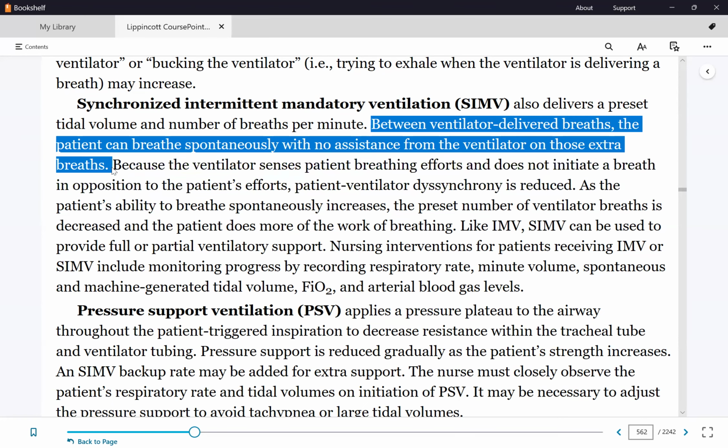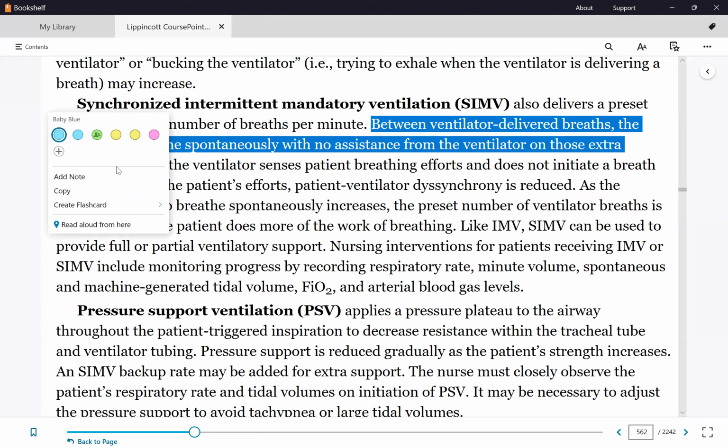That means, will the vent give the preset tidal volume for those? No, read again. Between ventilator breaths, the patient can breathe spontaneously with no assistance from the vent on those extra breaths. They won't get the preset tidal volume. The patient will get whatever they want.